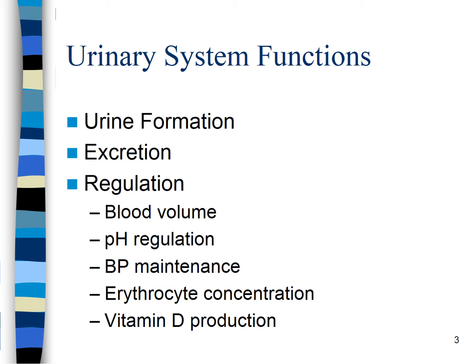This then secretes erythropoietin, the hormone, during hypoxia, which will increase red blood cell production in bone marrow. And then there is also vitamin D production, where the kidneys activate vitamin D for calcium absorption. So again, this is just a small bit of what the urinary system does, but as you can see, it can be quite complex.